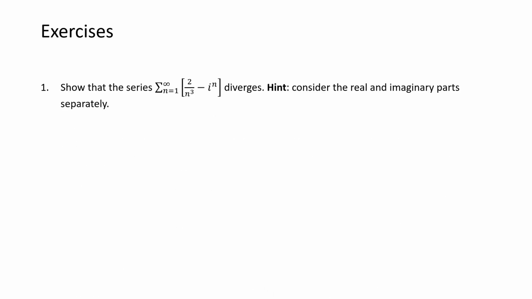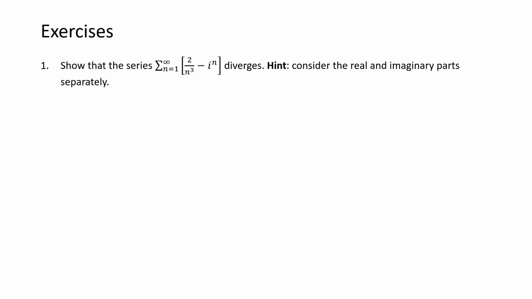Okay, I have a couple of exercises for you to try. First one is the series from n equals 1 to infinity of 2 over n cubed minus i to the n. Show that that diverges. And my hint is to look at the pattern from the real and imaginary parts of this term.